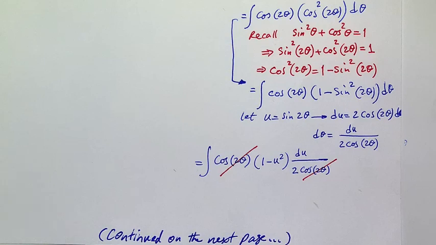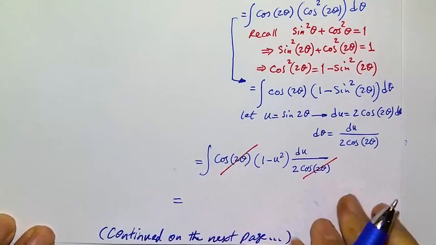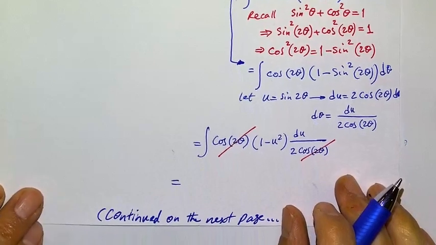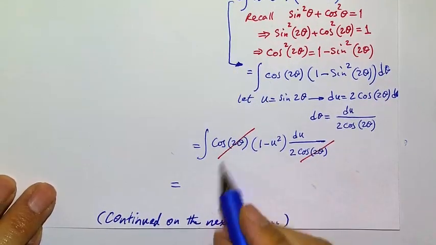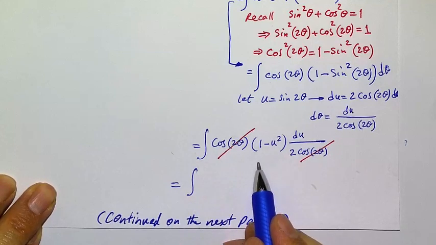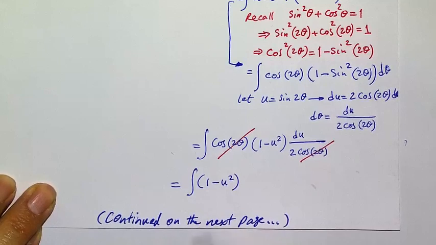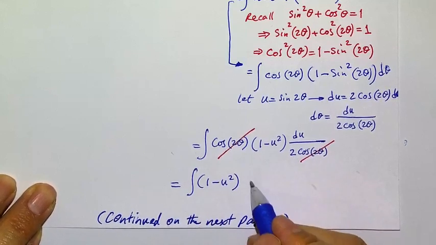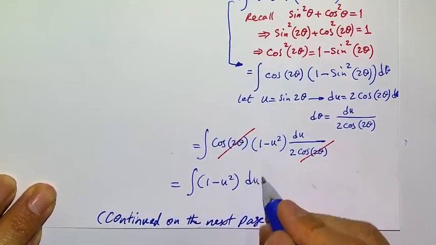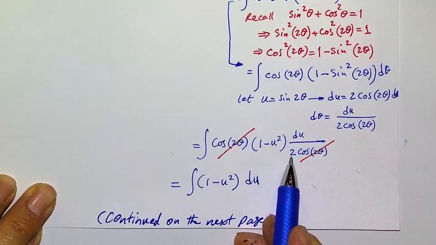I don't think I have enough room. Maybe one more line here. So this reduces to the integral of 1 minus u squared du, and of course, let me not forget the 2 here.